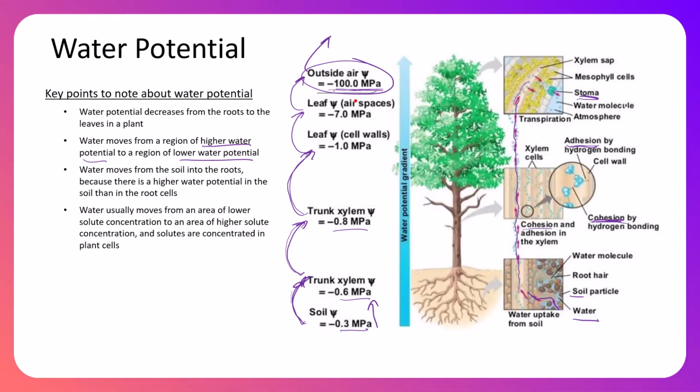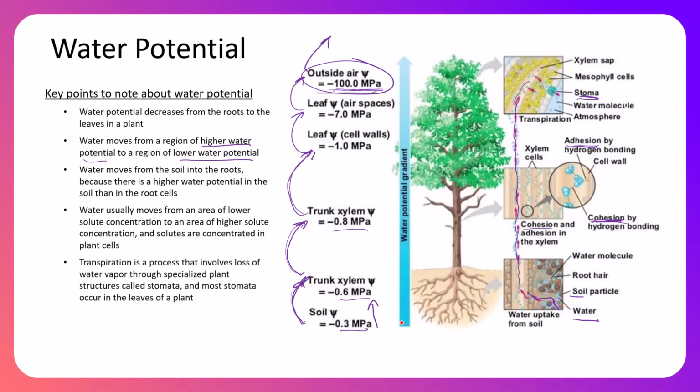So as the solute concentration rises, which it does as you go up a plant, the solute concentrations typically get more concentrated. This is where all of the photosynthetic products are made. The solutes becoming more and more concentrated are going to cause the water potential to drop and go more negative, and so water will continually move up the plant that way.